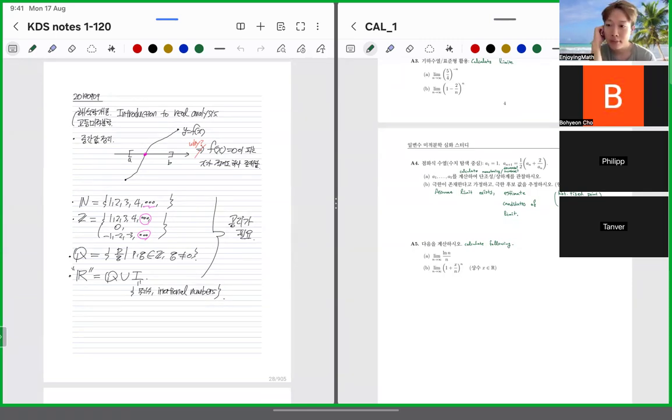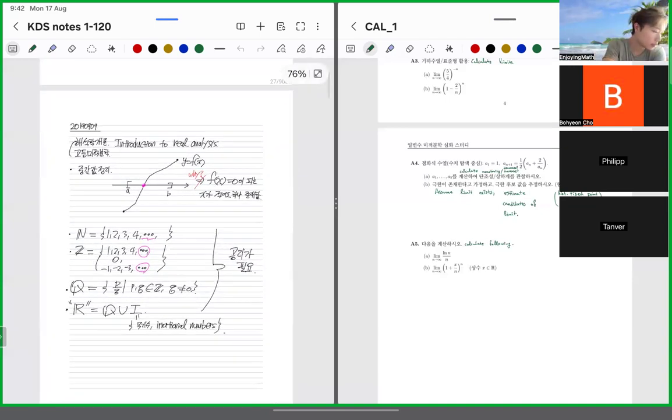I think I have only one sort of material organization question. When you say, for example, today we covered Note 3, where do you take this number from? Like Note 1, Note 2, Note 3? So you can check the PDF. There were notes numbered 1 to 120.